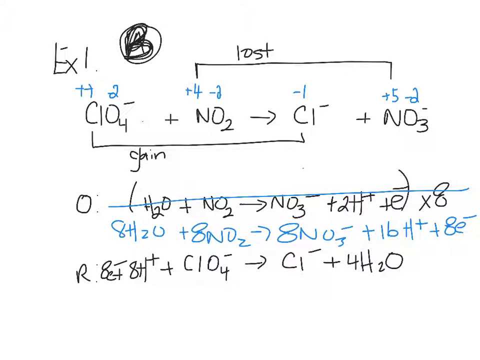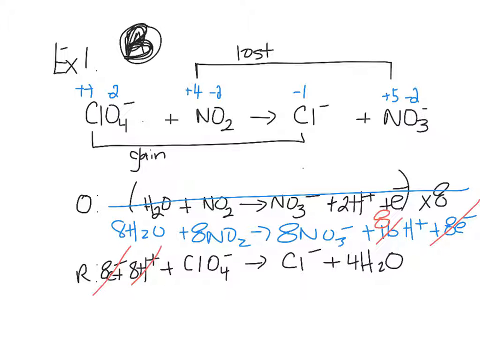Now you're going to add them up, just like Hess's law, and cancel anything that's on both sides. So for instance, we've got 8 electrons on the right, 8 electrons on the left. They're gone. We've got 8 H pluses on the left, 16 on the right. So we cancel 8 of them.